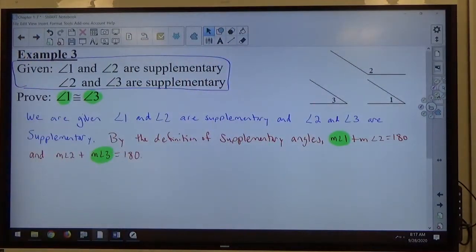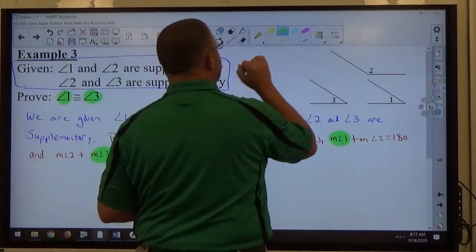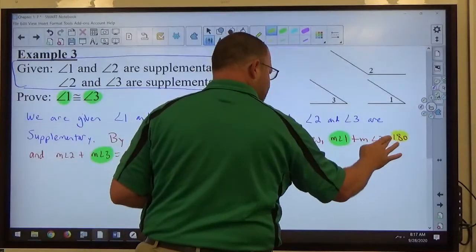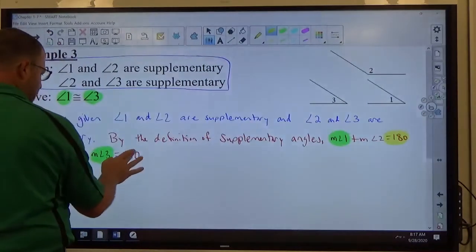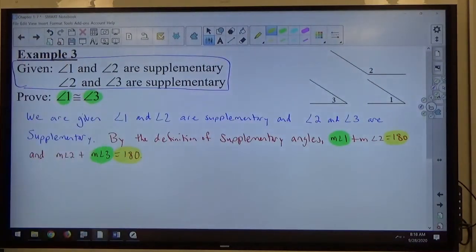They're not in the same equation, but I don't care about that as much as just getting them into some equation. My overall goal is that I usually have to use substitution to make that happen. Usually you get a fact about one, a fact about the other, and you can stick them together because of substitution. This equation equals 180 and this equation equals 180, and substitution simply says if two different things equal the same thing, then they equal each other.